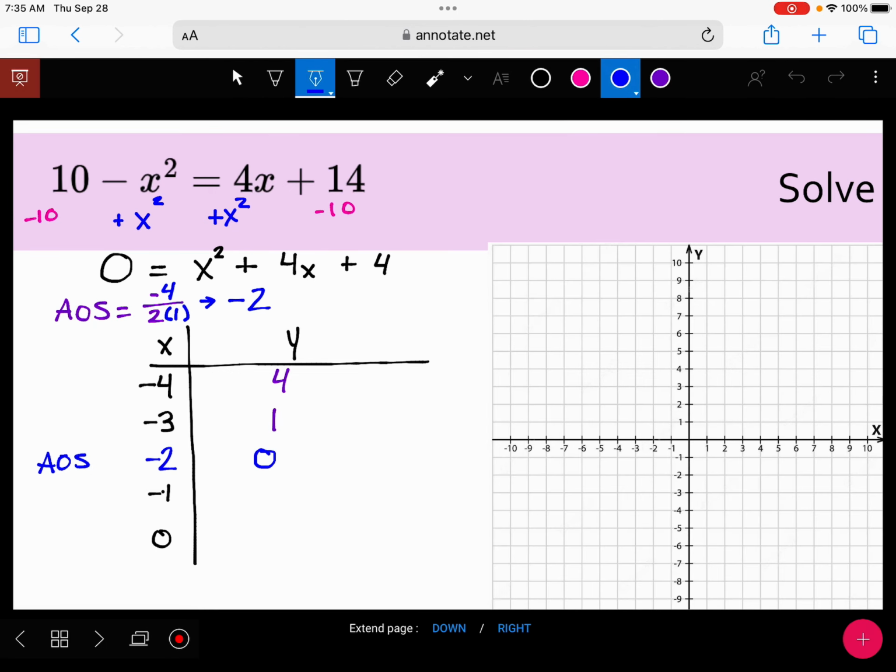So once we get to this point in our table, it's kind of plug and chuggish. We're taking the x's we found through our calculations and typing them into the calculator, because calculators are a wonderful tool for us to use. Our last one, our 0, we don't have to type in. You can if you're in a groove, but the 0 is always going to be our c value, so it's going to be 4. That's going to be our y-intercept.